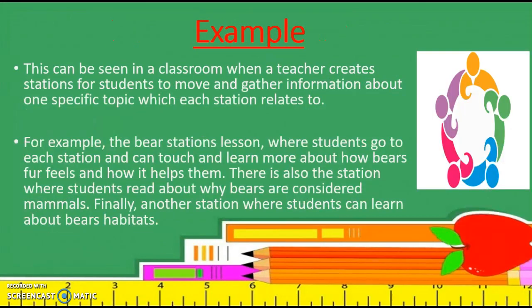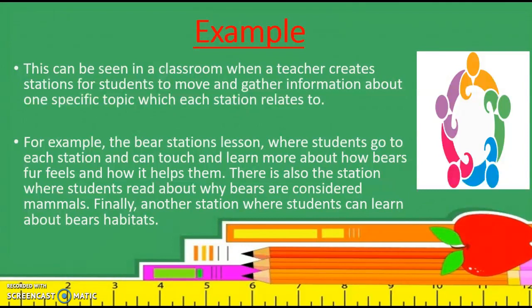An example of cross-cutting concept in a classroom is when a teacher creates stations for students to move and gather information about a specific topic which each station relates to. An example would be the bear stations lesson, where students go to 5 different stations and can touch and learn more about how bears' fur feels and how it helps them.